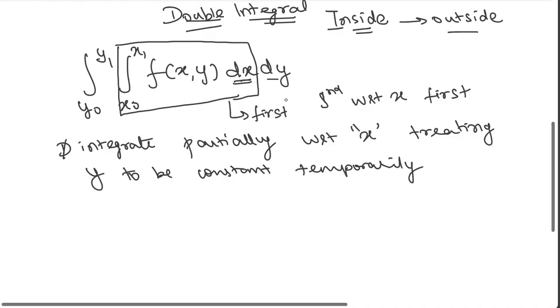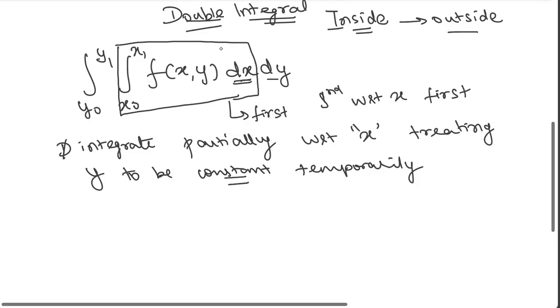So in this case, what will happen? All my x will get evaluated, the limits will get fixed and y will be remaining as such as a constant. So after the first integration is over, we will be left with just a function of y.